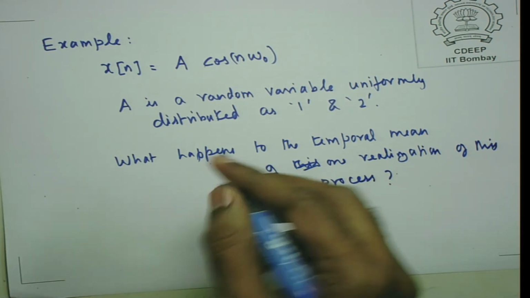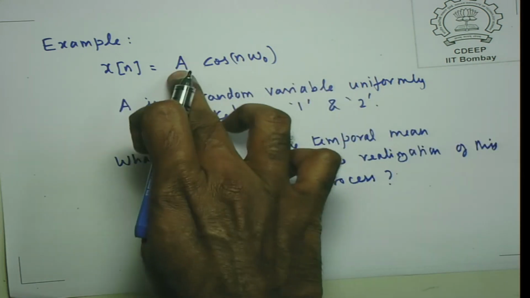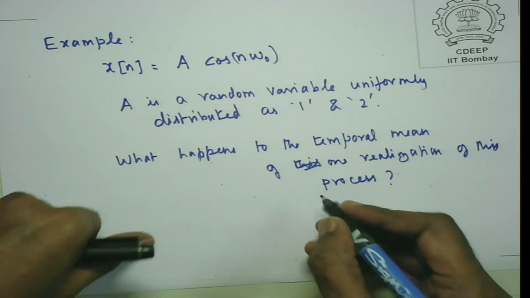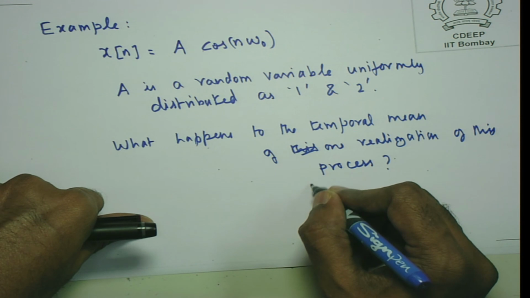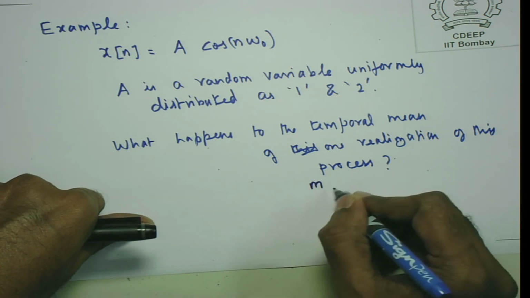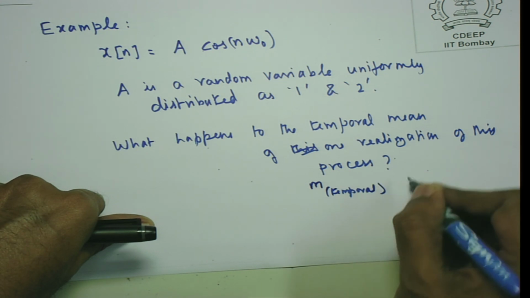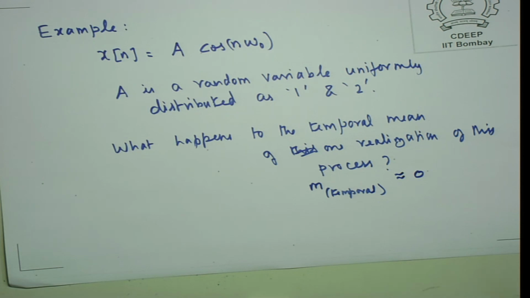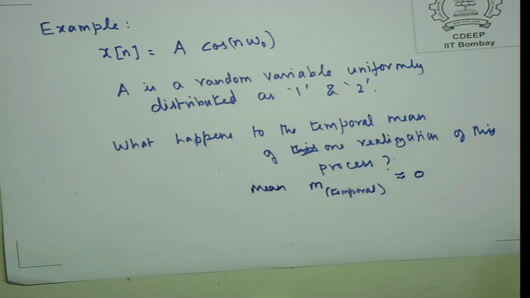It is just like a cosine over a long time. Irrespective of what this A value is, this temporal mean is going to be approximately 0, because over time we average over the cosine, and that is just the 0 value.